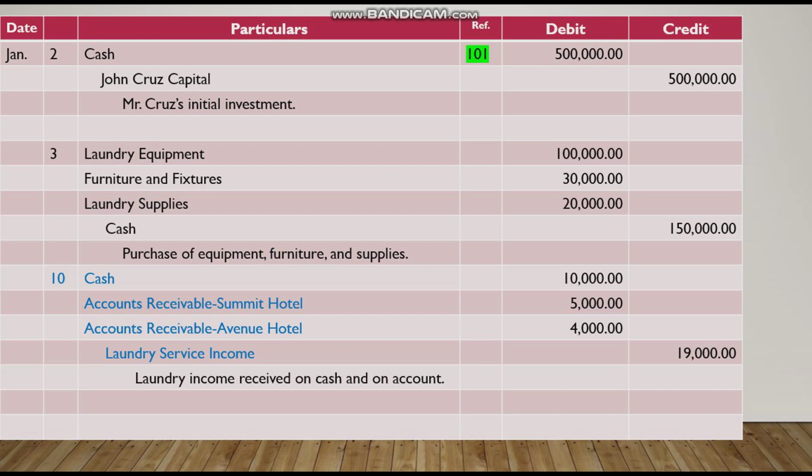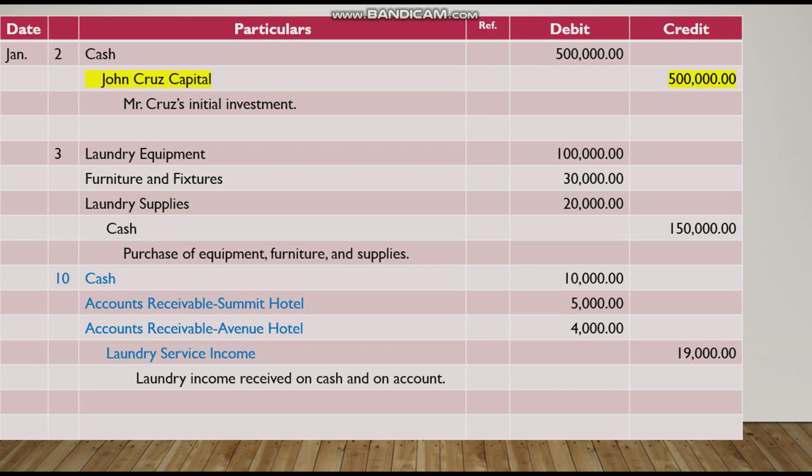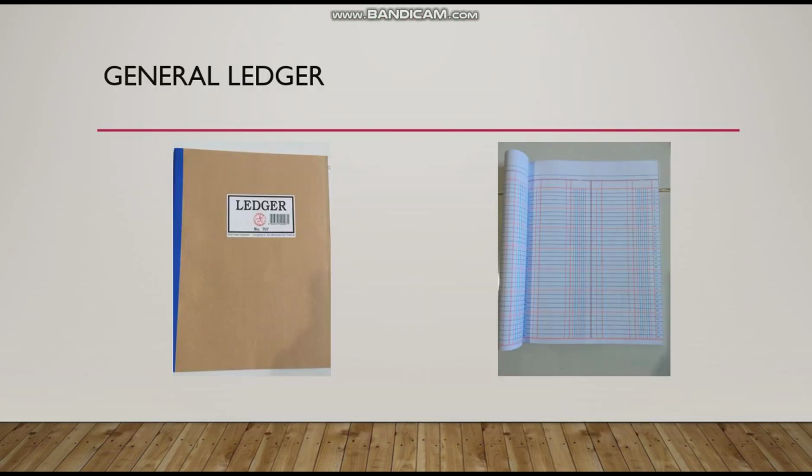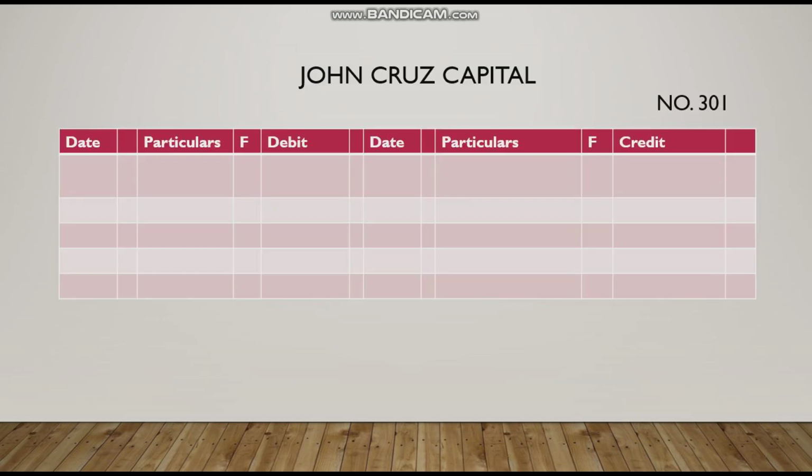information. Okay, so let's post the second account, which is credit John Cruz Capital 500,000 pesos. Locate John Cruz Capital account in the ledger, and then take note of the account number 301, and then write the information.